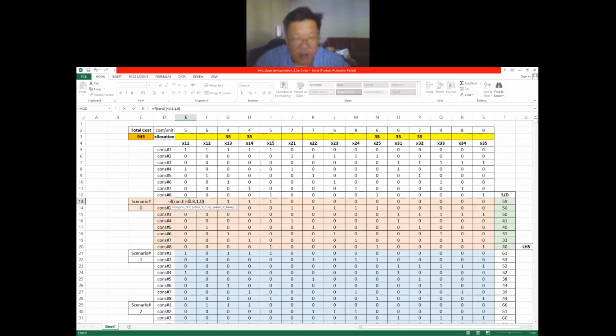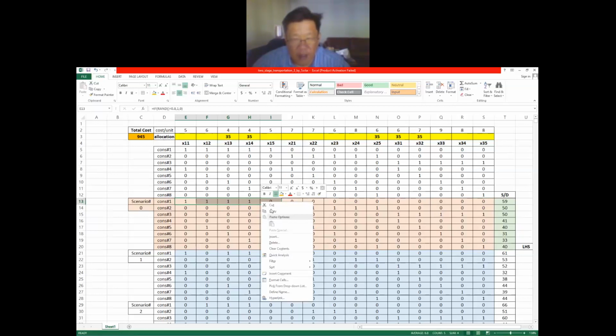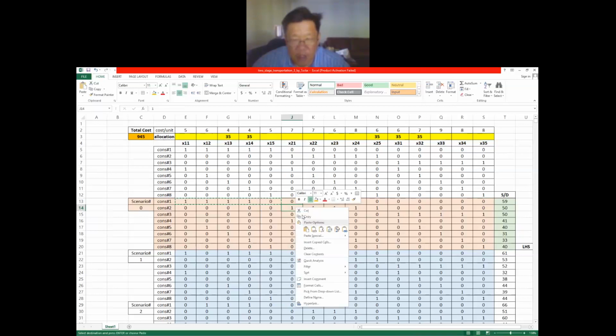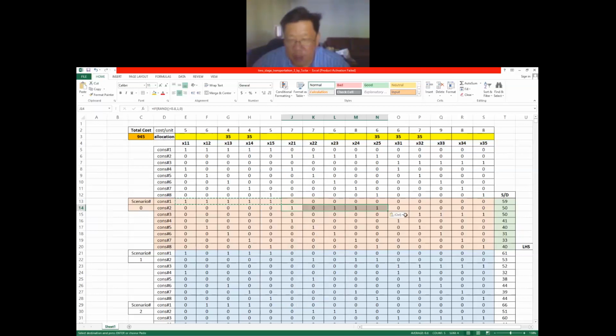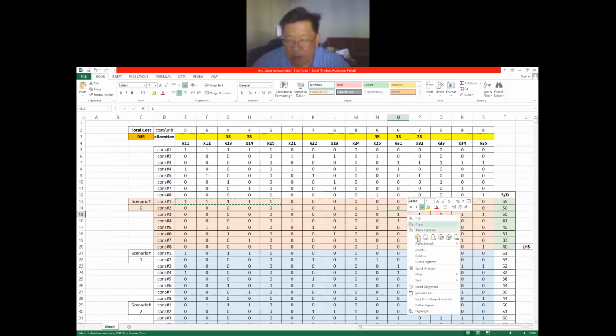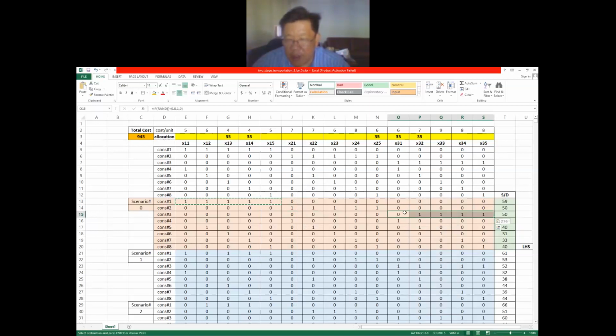So I just put the formula back again. This one is generated by: if the random value is less than 0.8, it's going to be 1; if it's greater than 0.8, it's going to be 0. You copy over here, paste over here, and then copy and paste. Then for this one, you need to write the formula again.